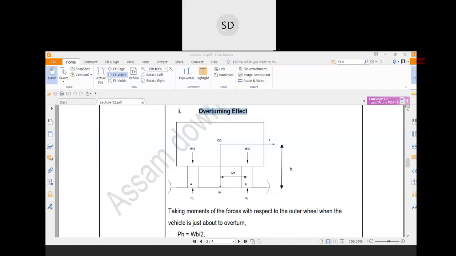So here the coefficient of friction value will be considered as a maximum of 0.15. That is the maximum value of the coefficient of friction for this case.